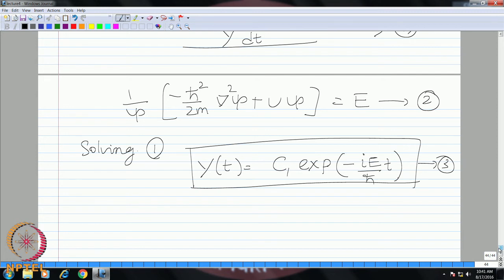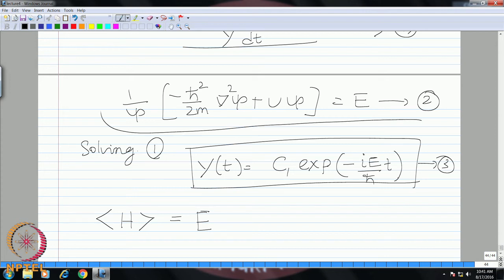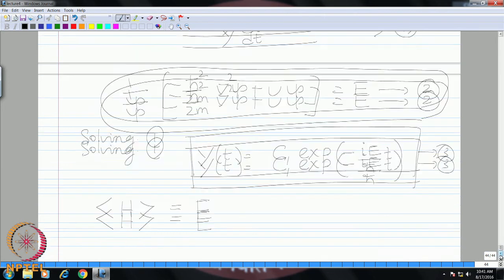Now, what we had earlier discussed, showing that the expected value of Hamiltonian is nothing but energy E, can now be proven using equation 2. Okay. So, this is what we will show.